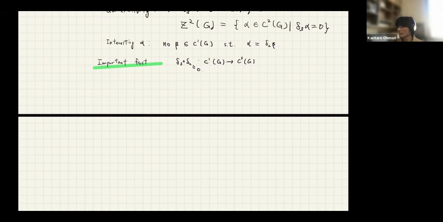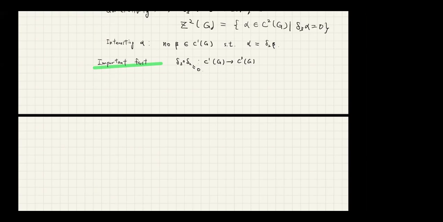I don't remember it in my head. Another question is what delta 1 or delta 0 would be.